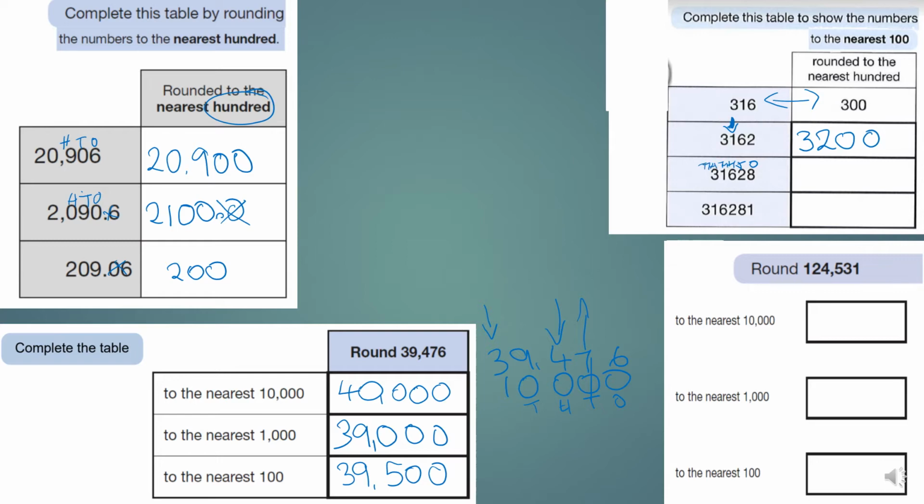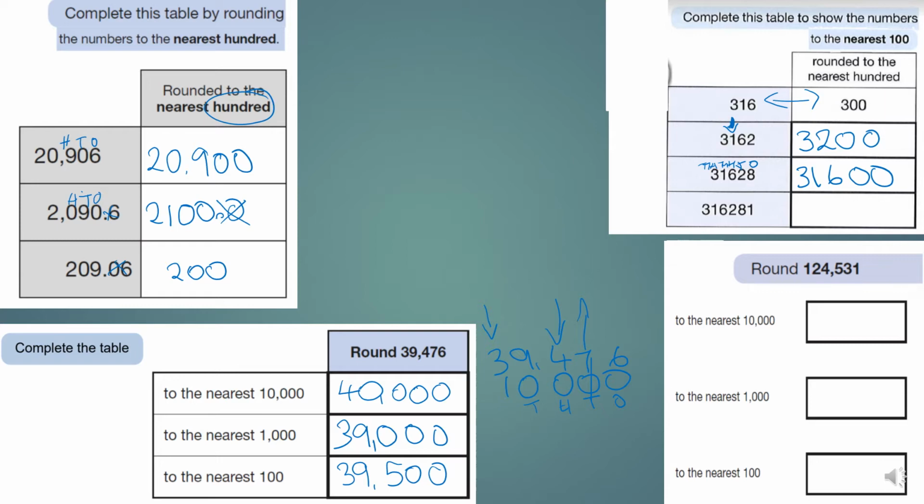So this time we are looking at the hundreds again. So in the hundreds this time we have the 6, and then we look at the number next door, which is a 2. So it's going to be 316, and a 2 is less than 5, so it's going to stay 0, 0.